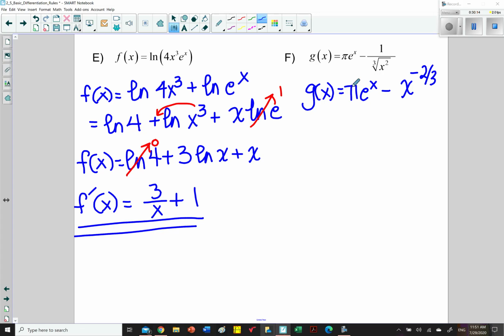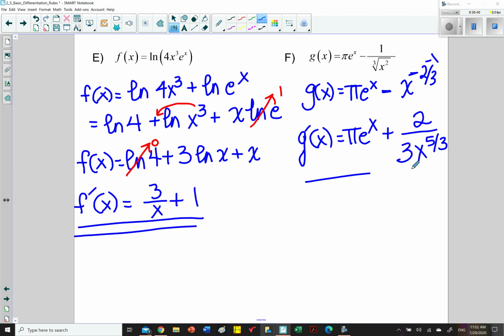So just to get a look at it, then we'll take the derivative. g prime of x is pi e to the x, because the derivative of e to the x is itself. This is going to give us positive 2/3. And take 1 off of that is 3/3, so we'll have a 5/3 in the denominator.